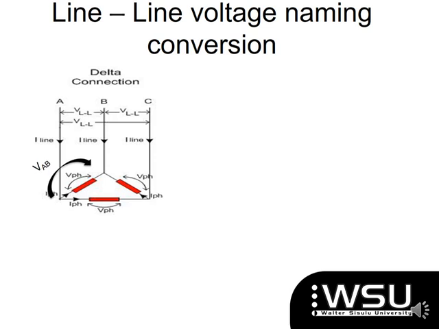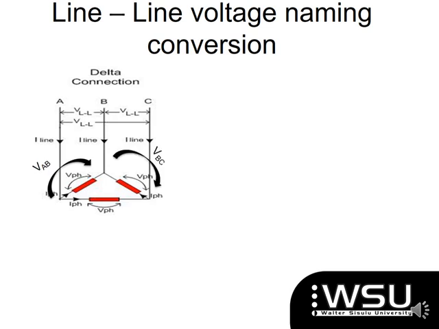This is to be noted because it's different from the anti-clockwise direction of our positive and negative phase sequence. When we name our voltages, we go in a clockwise direction. So clockwise, we go from A phase into B phase. That's why that voltage is called VAB.